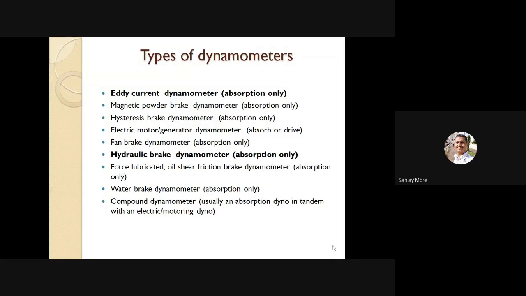Then force lubricated, oil shear friction brake dynamometer, then water brake dynamometer.